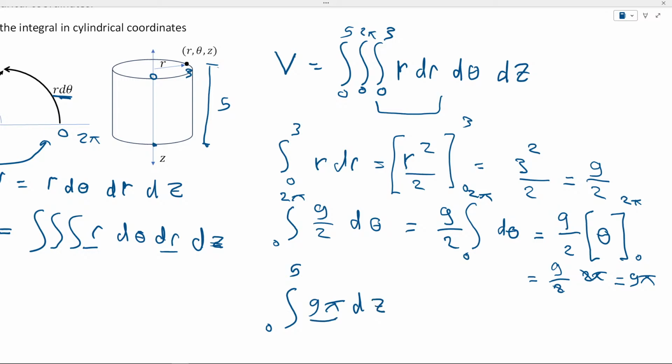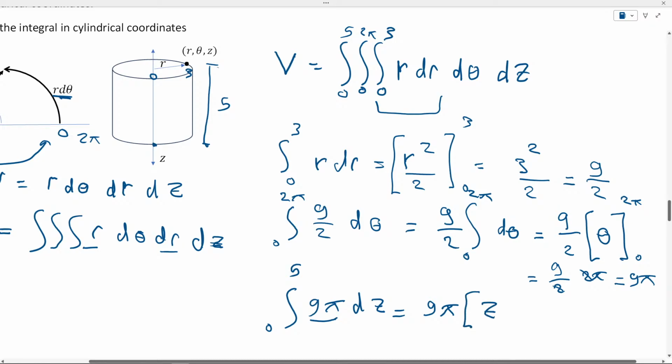You see here, this guy is a constant, so I can take it out. Then z evaluated from 0 to 5 is 5.